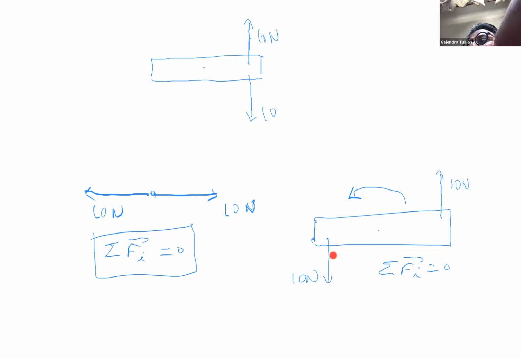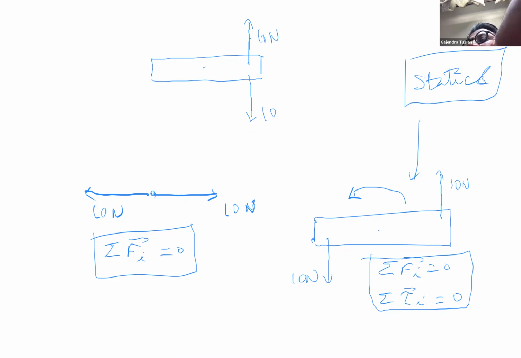The sum of these two forces is 0, but this object is not in static equilibrium, it is rotating. So a second condition is needed: that the sum of the torques be 0 for extended objects to be in equilibrium. And these two equations are the foundation for an entire course that you'll be studying in senior level classes called statics. That is what we'll cover in the first part of this chapter.